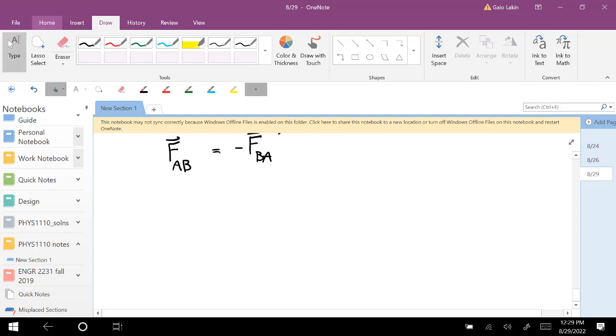Okay. Before we can do calculations, we need to talk about contact forces. And in this class, we're going to think of contacts between bodies as joints. So this is a first look at joints.